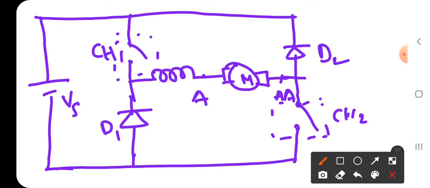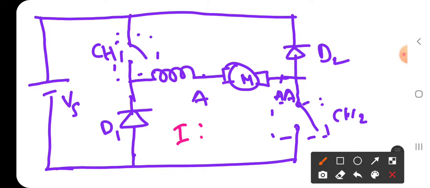Now, in order to operate the Class D chopper in the fourth quadrant, the back EMF of the motor must be greater than the supply voltage. There is no change in the current direction; the current direction must be from A to AA only.